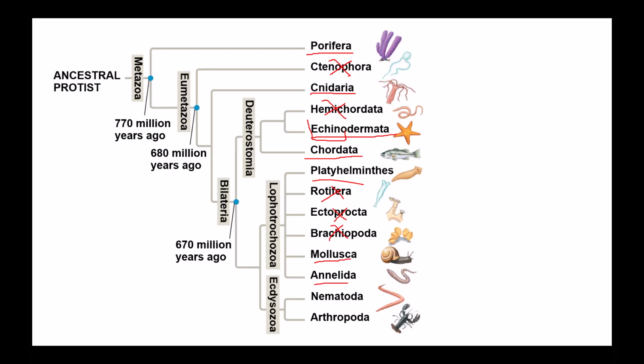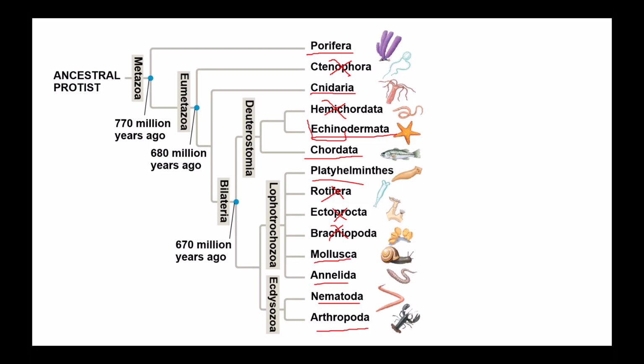Annelids are segmented worms. Nematodes are roundworms. Arthropods have exoskeletons made of chitin and jointed appendages. So insects, ticks, spiders, scorpions, lobsters, lots of different things with exoskeletons and jointed appendages.